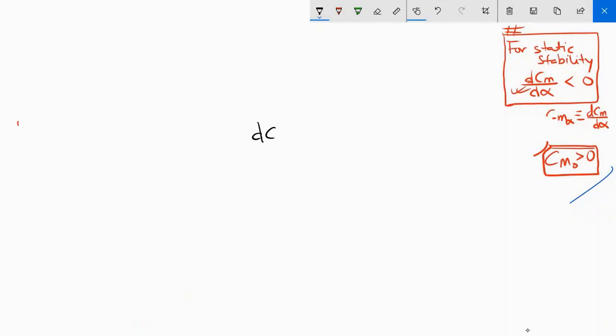Consider this dCm d alpha. This can be written as dCm dCl times dCl d alpha, correct? That's just the chain rule, right?